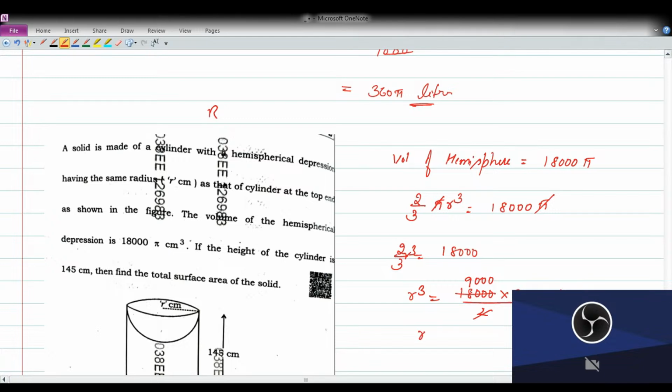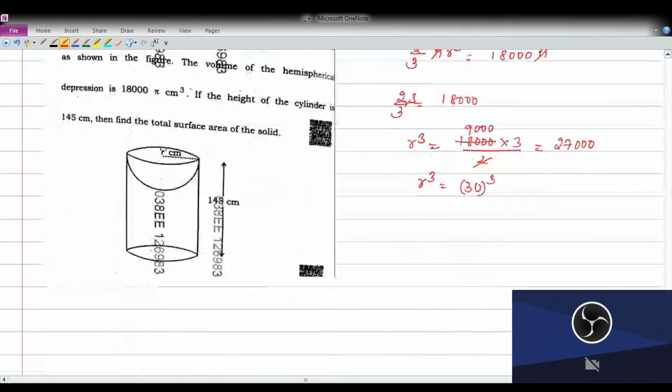So r cube is 27,000, which is 30 cube. So the radius is equal to 30 centimeter.